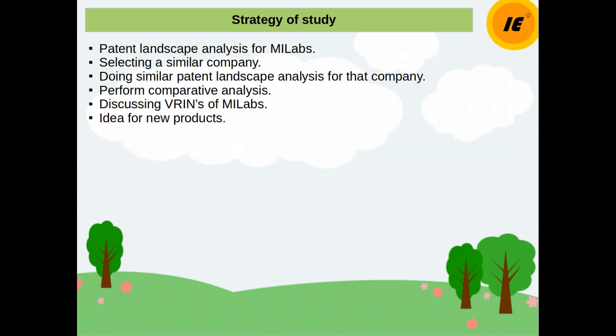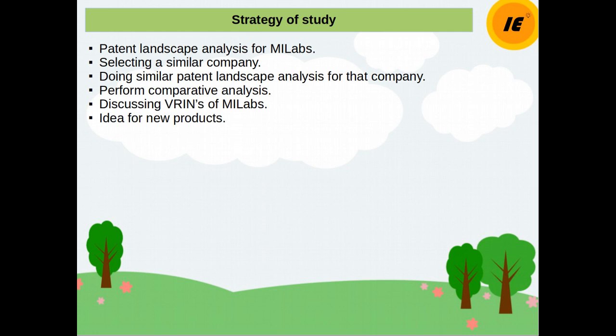Okay, so this is the strategy that we will be following. First, we will perform a patent landscape analysis of MI Labs, and then we'll also select another similar company and do the same thing, and then we'll see comparatively how it looks.